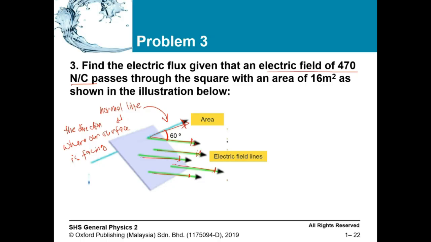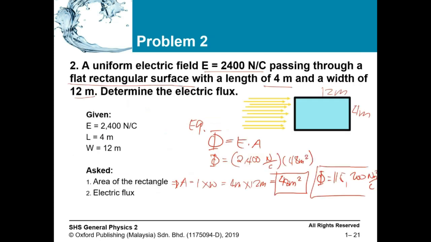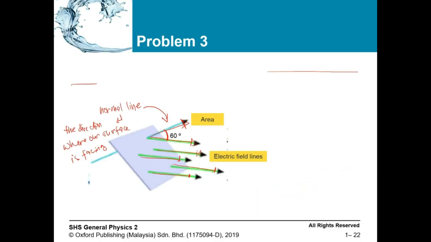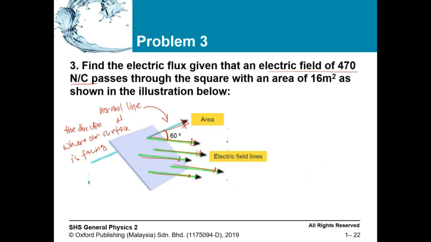Earlier, we just assumed that the electric field lines were straight, in the direction our surface was facing. Now there is a difference: our surface is slightly tilted relative to the electric field. Therefore, we have a new formula. Please take note of this new formula, which is phi is equal to E times A, electric field times area, times cosine theta.